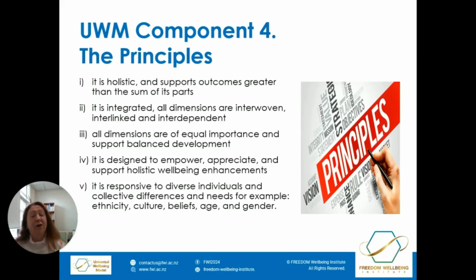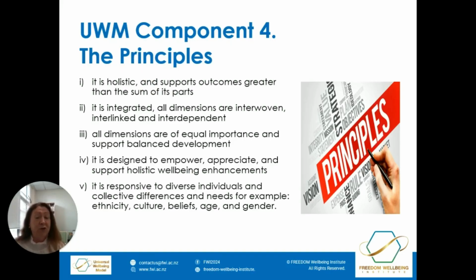Also critical are the overarching principles. We have 5 principles that overarch the universal wellbeing model, that also overarch the universal wellbeing evaluation tool that I'm going to talk to you about. These principles ensure that we view the picture of our universal wellbeing in a holistic way.